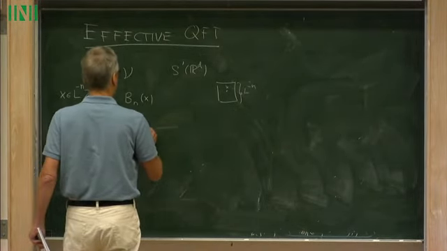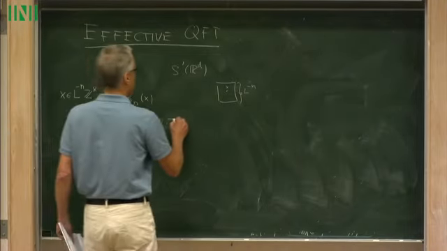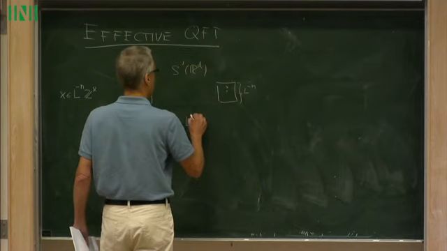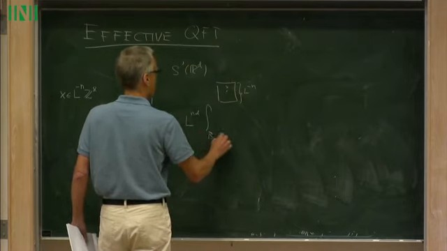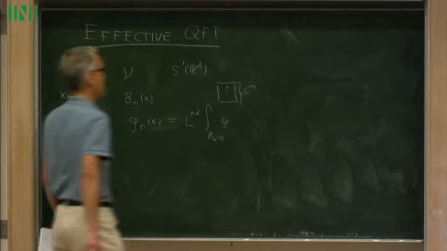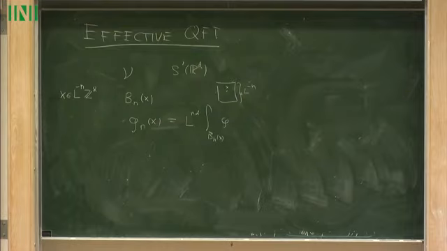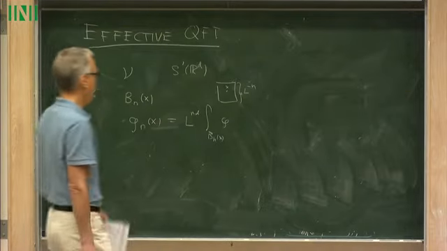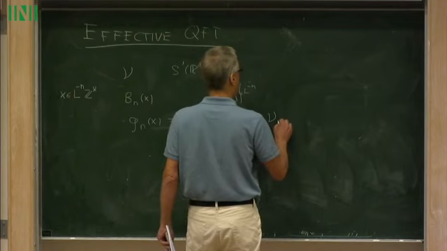Let's define the field. Let me call it phi_n(x), where x is now on this lattice, which is just the average of the field in that cube. Okay, just take the average. That's the volume. So that's a lattice field, okay? So let me call nu_n the law of it.